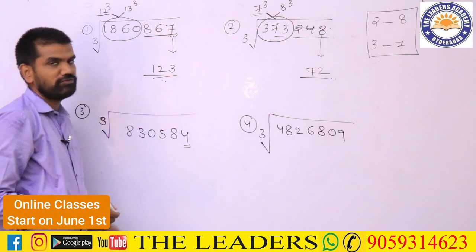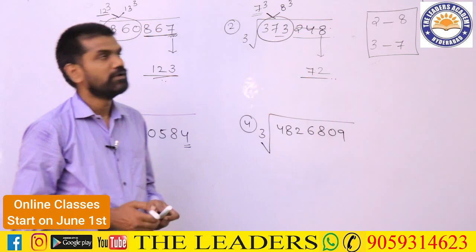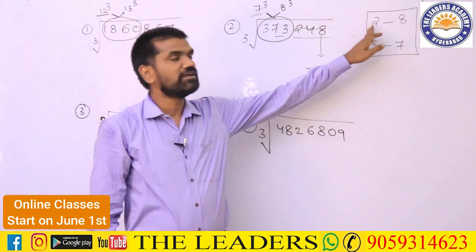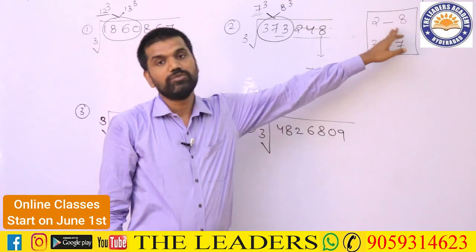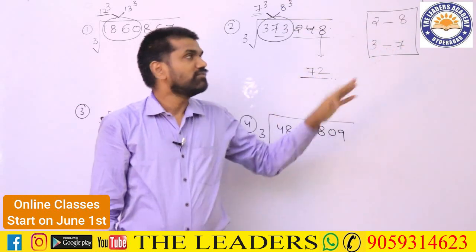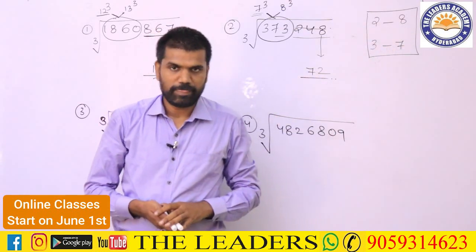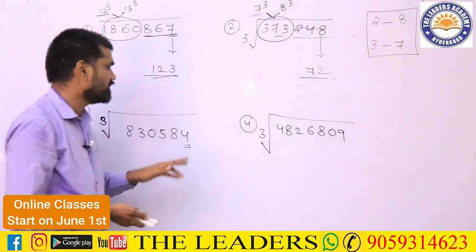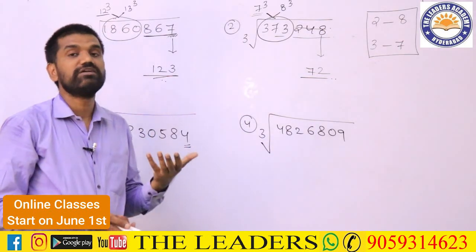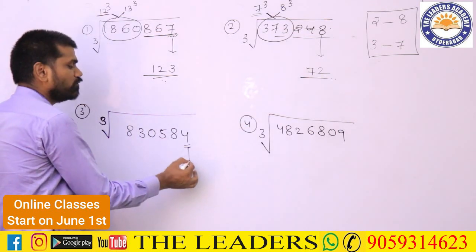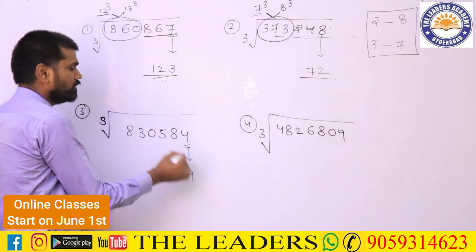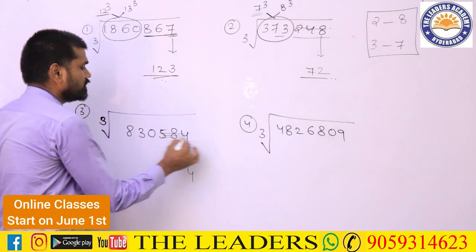In the same manner, if you wish to find the cube root of this number, here the cube is ending with 4. As I told you, this is the combination: if the cube is ending with 2, the cube root will end with 8, and if the cube is ending with 8, the cube root will end with 2, and vice versa. Here the cube of the number is ending with 4, which means its cube root will end with 4 only. Hence, the units digit of the cube root of this number will be 4. Now I am removing the last 3 digits.